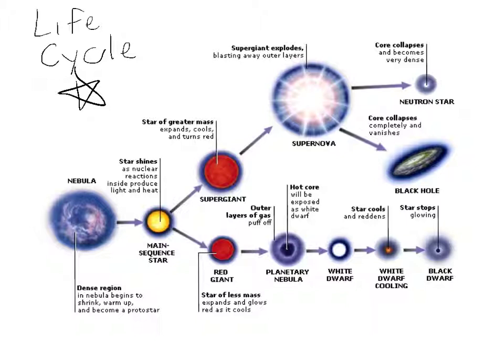So take a look at this slide and make sure that you have a general understanding of what happens for the 2 paths that stars can take when they start from nebula and make their way up here, or if they make their way, a smaller star, down this path.